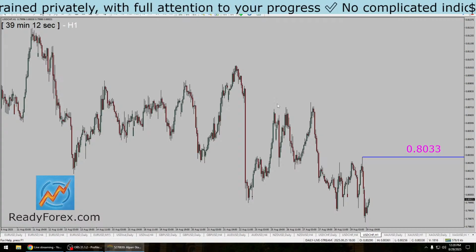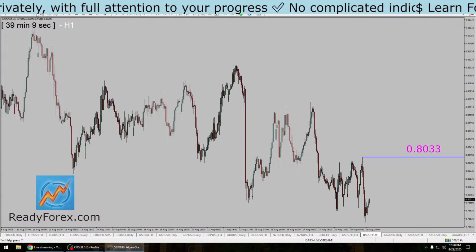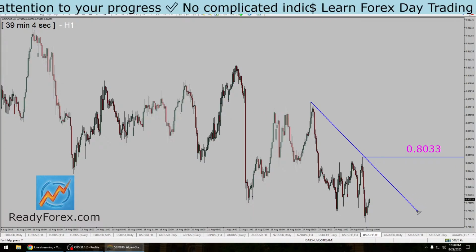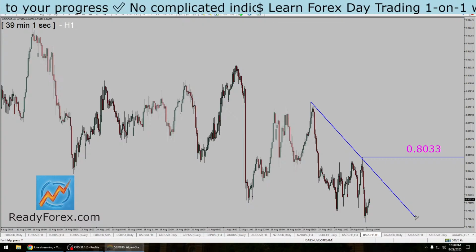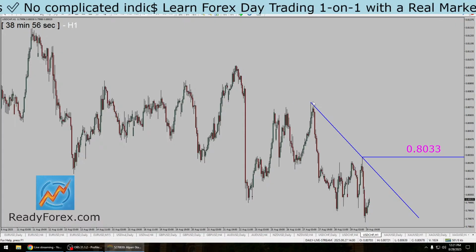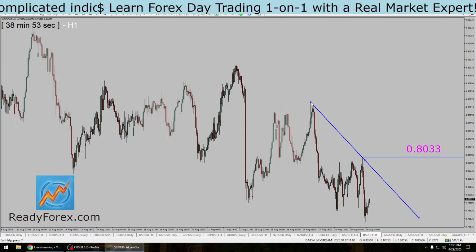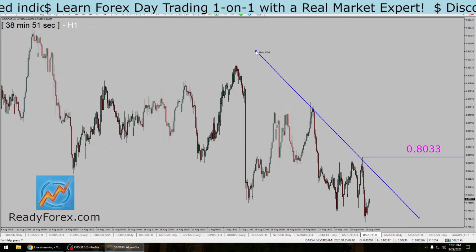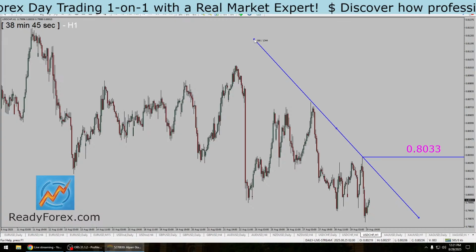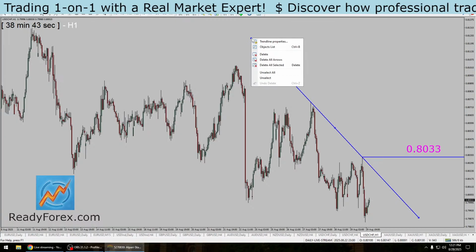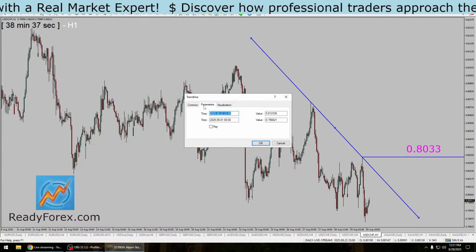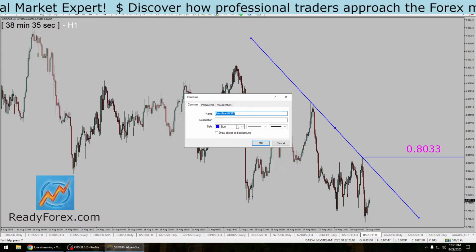And this looks like to me, by the way, a wedge pattern, a diagonal. Okay, I'm going to draw the trend lines over here. And let me change the color to white.